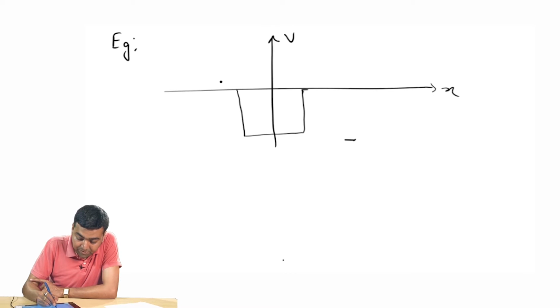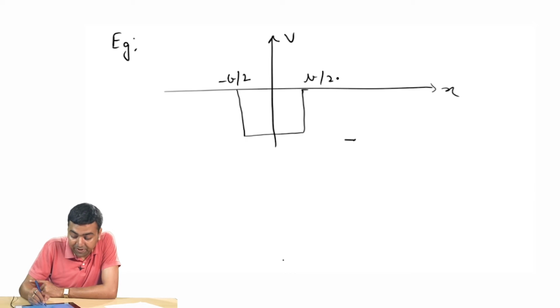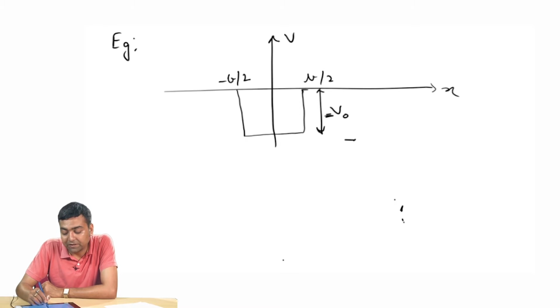So, this is from minus b by 2 to plus b by 2. From minus b by 2 to plus b by 2, the potential has the form minus V 0. It is an attractive potential and it is 0 at other values of x.